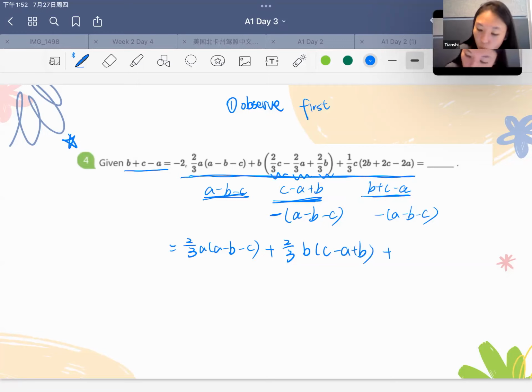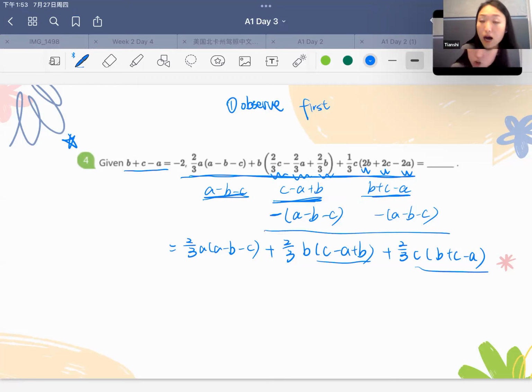For the third term, we can put the 2 in front of the parentheses, because all the three terms have a 2 here. So it's 2 over 3 c, and then we have b plus c minus a, right? For these two terms, we can also put the negative sign in front of the parentheses, so that all the three terms have the same combo.